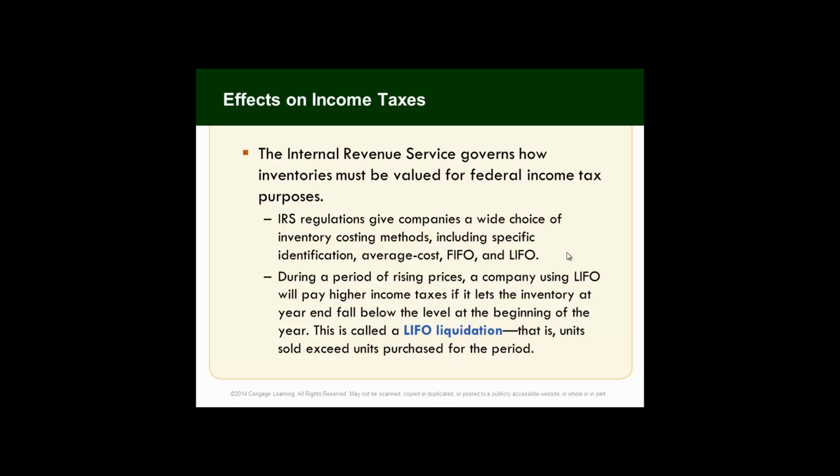If I use up all of my product or a lot of what I have, you can have what's called the LIFO liquidation, and it basically means the units sold exceed the units purchased for the period. So I basically went deep into my inventory, and that will cause me to have a huge tax implication from that.